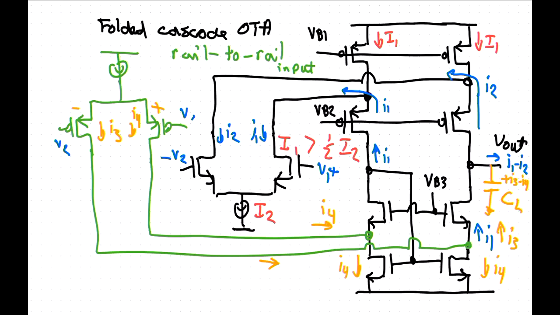On the source, we need to have two effective voltages now. That's the smallest voltage we allow on the source. So the gate here will then be two effective voltages minus one effective voltage minus a threshold voltage, which is the difference between a threshold and effective voltage below the negative power supply.